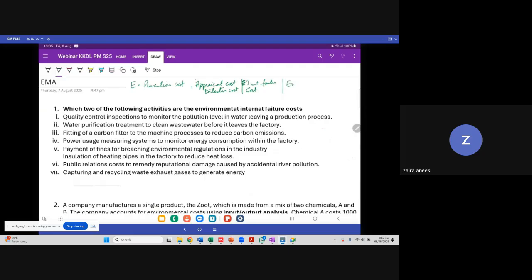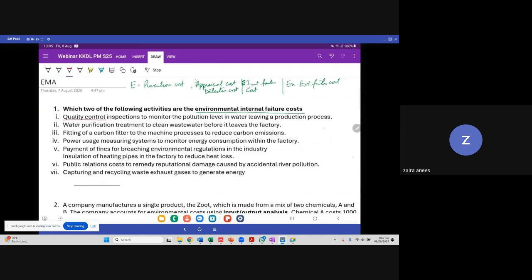Then environmental external failure cost. So you are supposed to identify these. Let's read it and try to identify. After every point, I will take a pause of 10 seconds so that you can try to identify these, right?